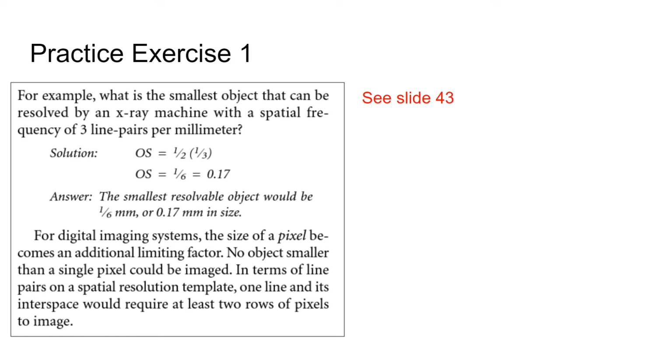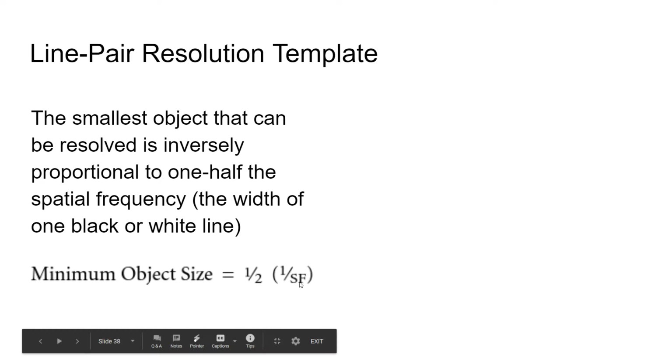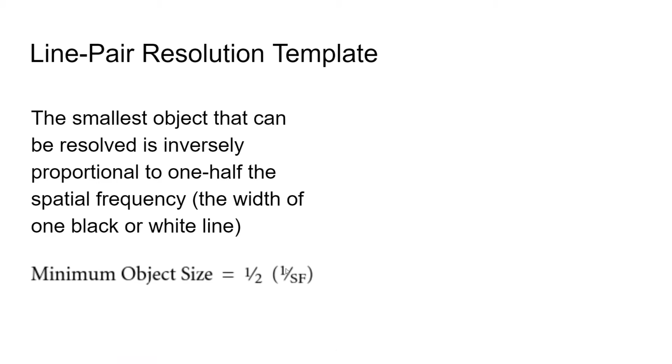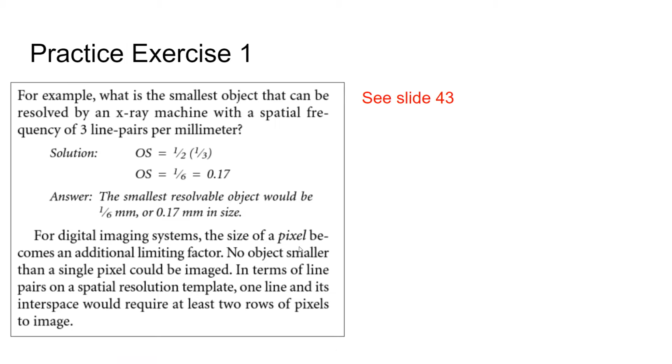So what you have to do is take the 1/2, which stays the same, right? And it becomes 1/3. So let's go back, right? This is the missing item we're looking for. So it's 1/2 times 1/3, because it's 3 line pairs per millimeter.